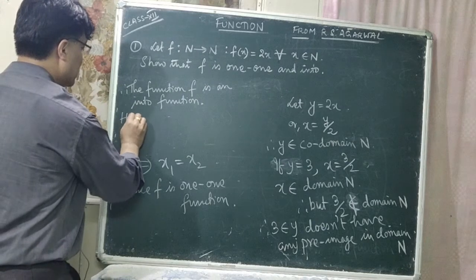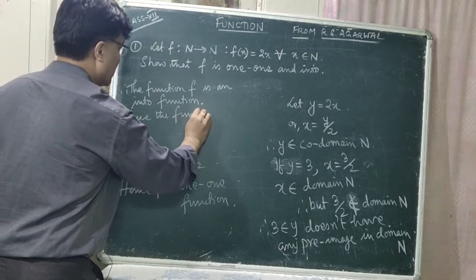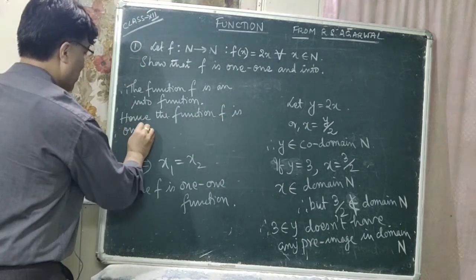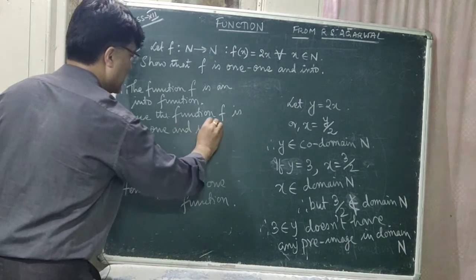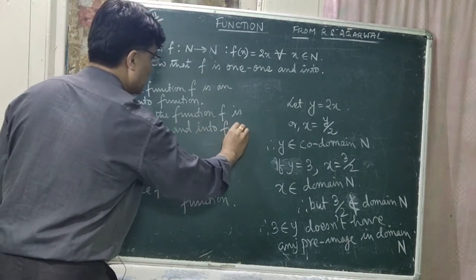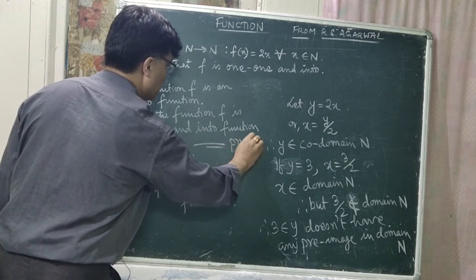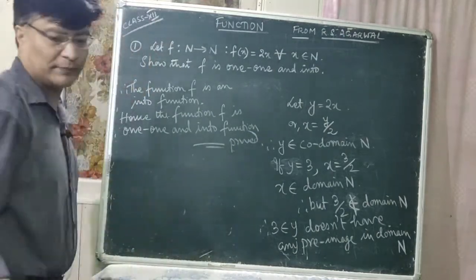So hence the function f is 1-1 and into function. So it is proved. I think you have understood it. So you can copy it.